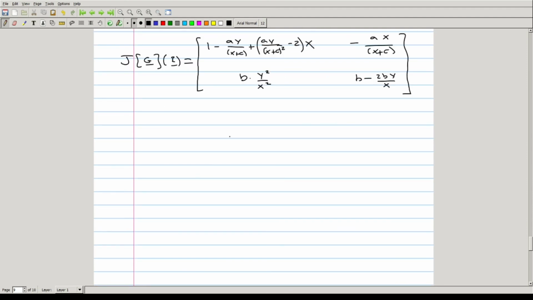And so the equilibrium point that we're interested in is x2, x2, which we solved for before.